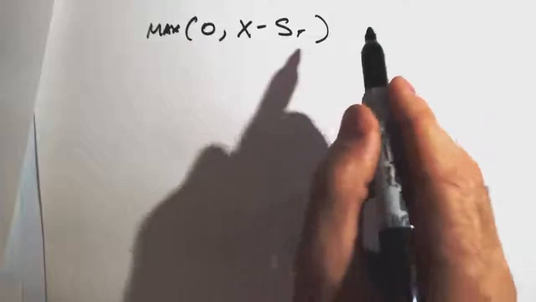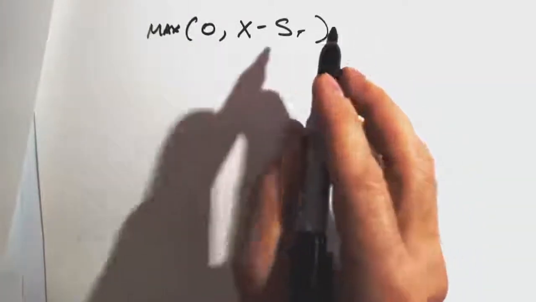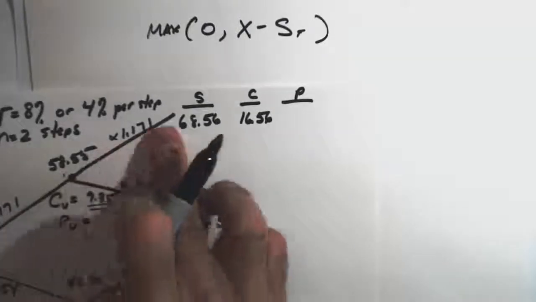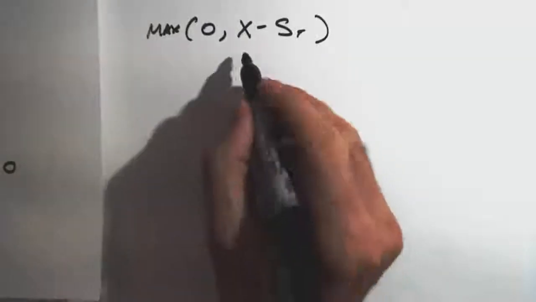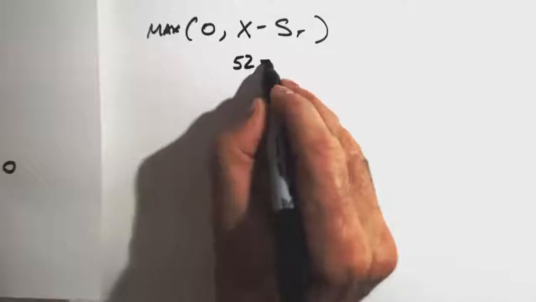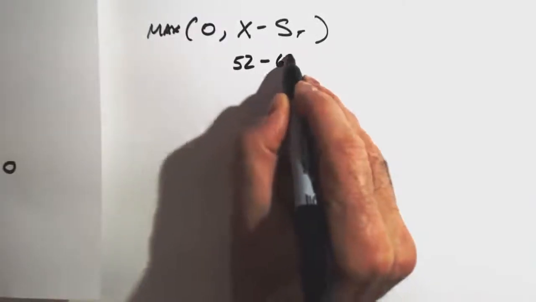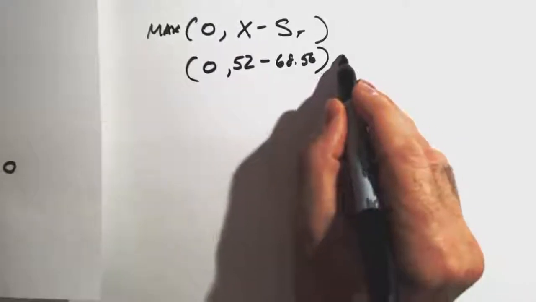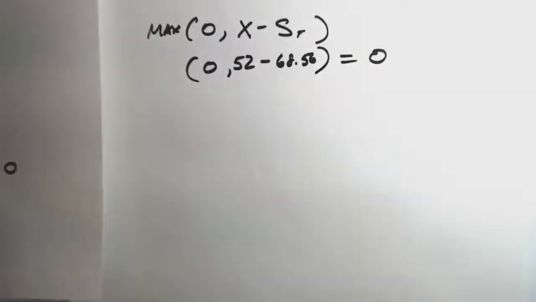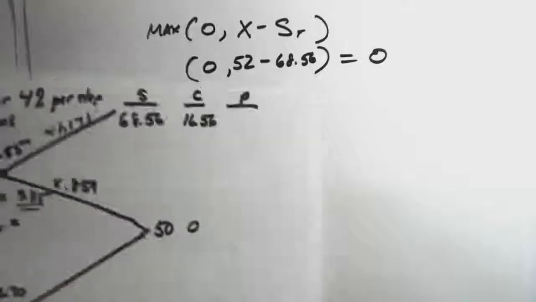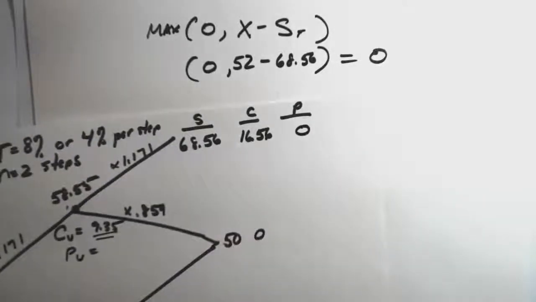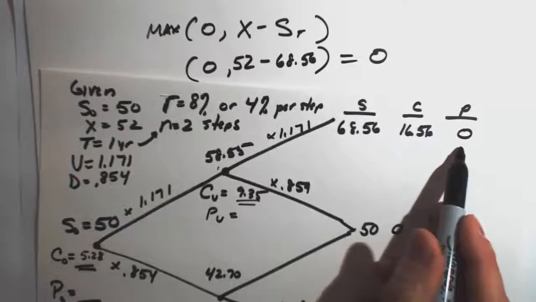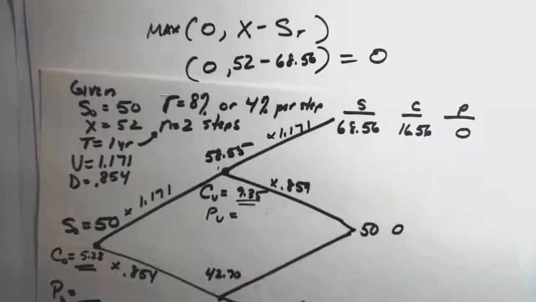So it's X minus ST. So in this case, when the stock goes up and it goes up, then this is going to be 52 minus 68.56 versus 0. So this means the maximum or the intrinsic value of this option is 0, which makes sense because when stocks go up, puts tend to not have value or lose value. And so the put has no value. It's out of the money at this point.